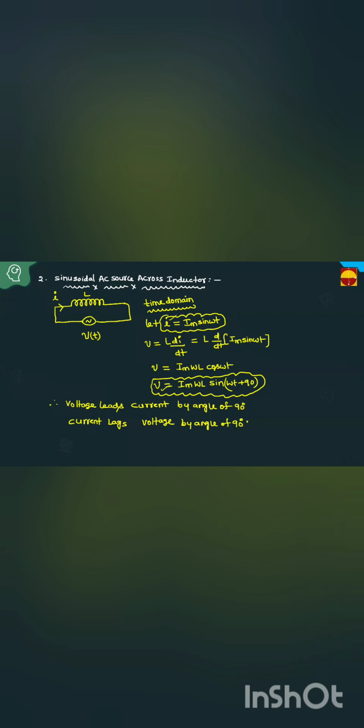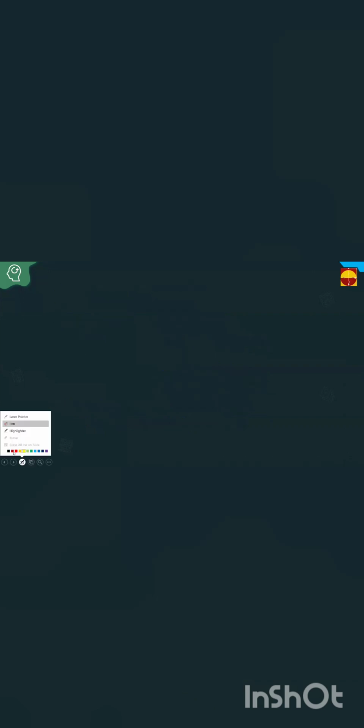You have to write in the frequency domain. We know that when transferred to the frequency domain, these elements act as an impedance. Next, write down in the frequency domain, students.